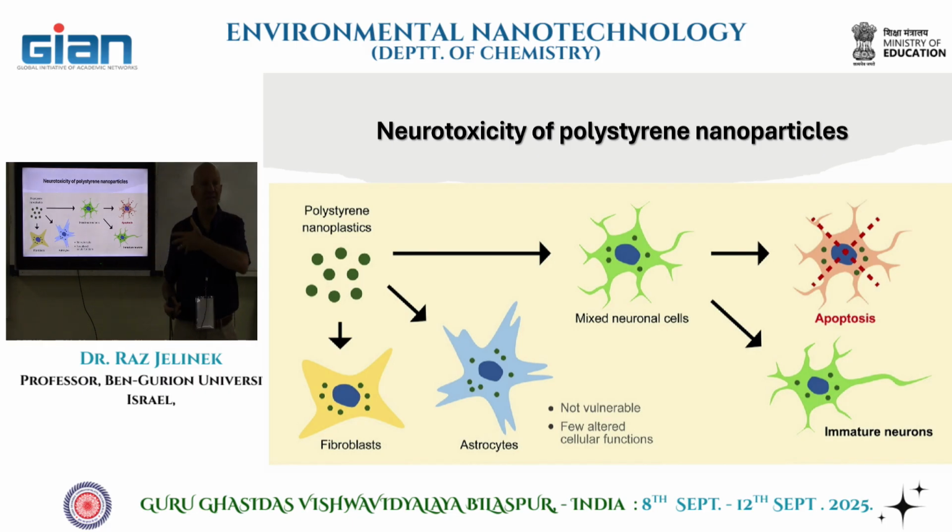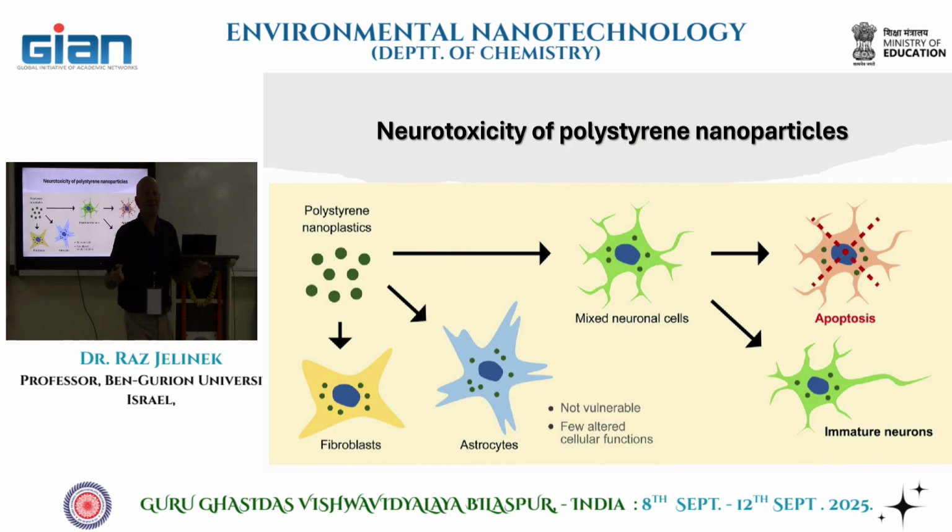Polystyrene, you can find it in sheets of plastics that you use for wrapping things, in packages. Now, what scientists found is that nanoplastics of polystyrene can enter into various neurons, and then they do two things.